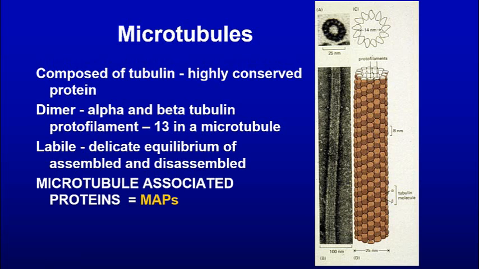Microtubule-associated proteins, MAPs, are ones that stabilize microtubules, and here we see microtubules up through here with the protofilaments across sections of them, but sometimes we'll see proteins associated with those microtubules, and that will give it stability, like in a cilium or like in a centriole.